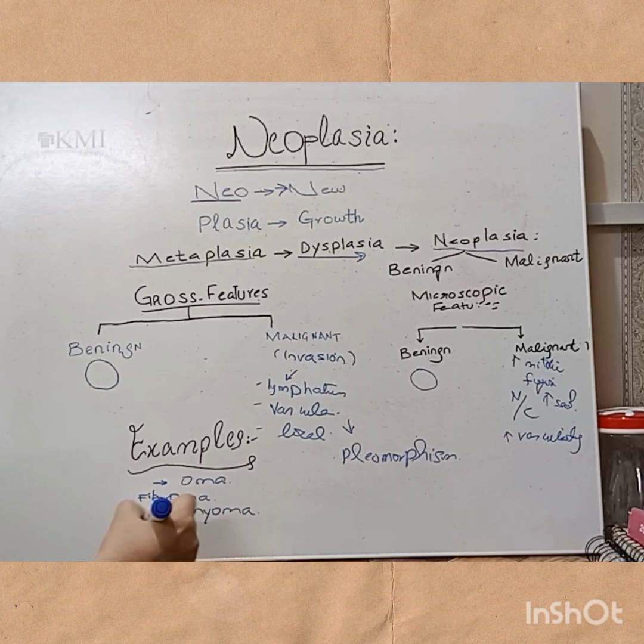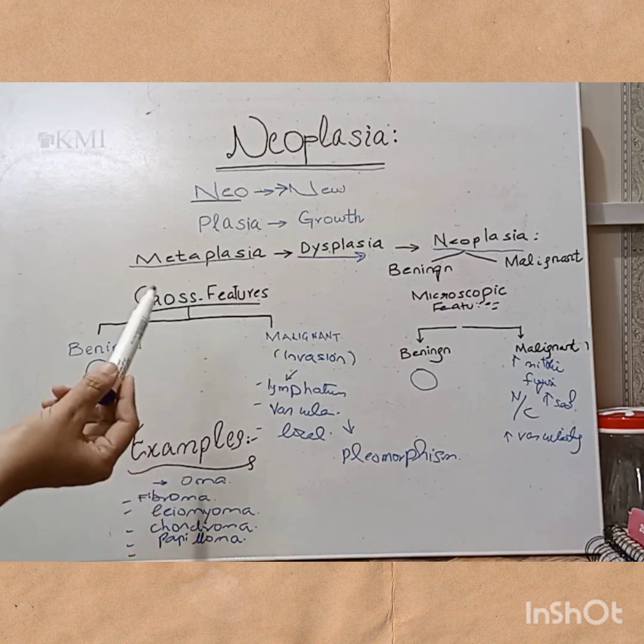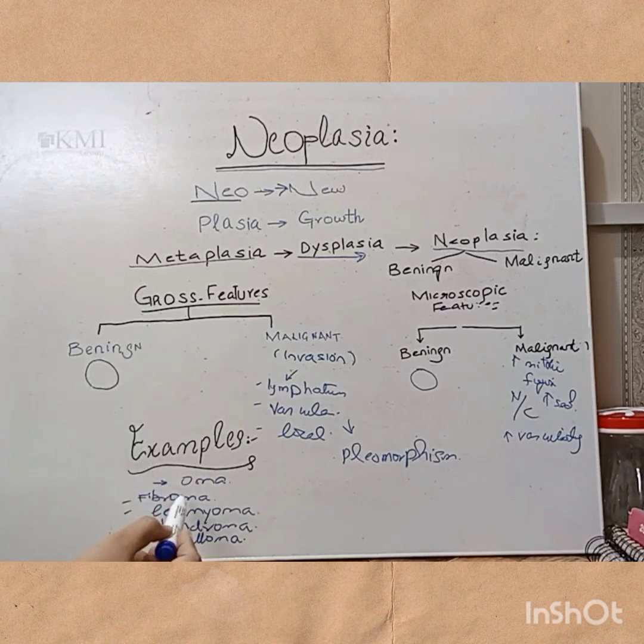If it is cartilage, it is chondroma. If it is any epithelial growth protruding, it can be papilloma.